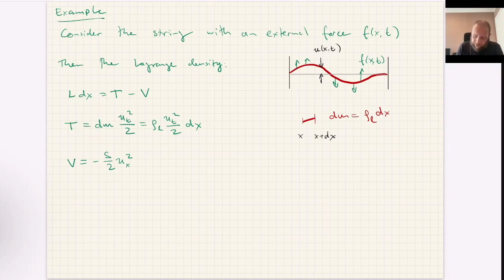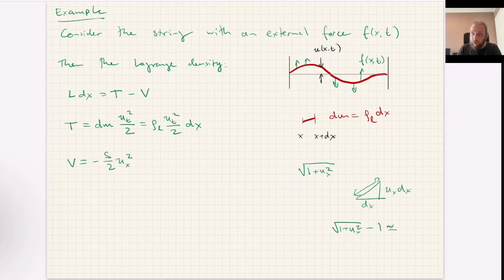And well, just to give you an idea, the amount of stretch is the square root of 1 plus ux squared, right? Because of Pythagoras theorem. So if this is the dx, this is ux dx. And so this length of the string is lengthened by that minus 1.